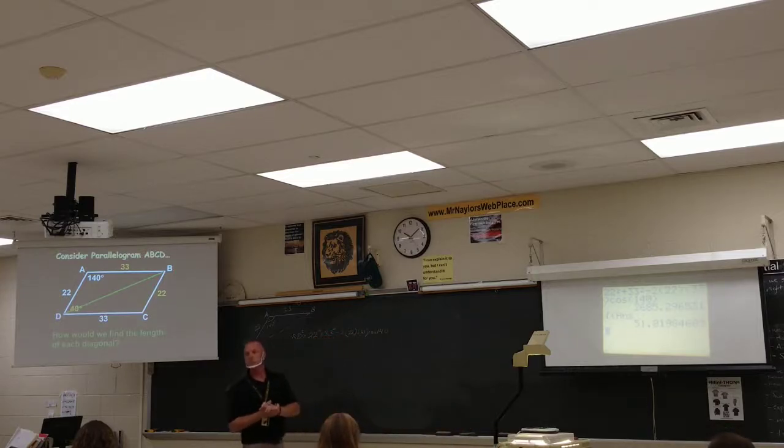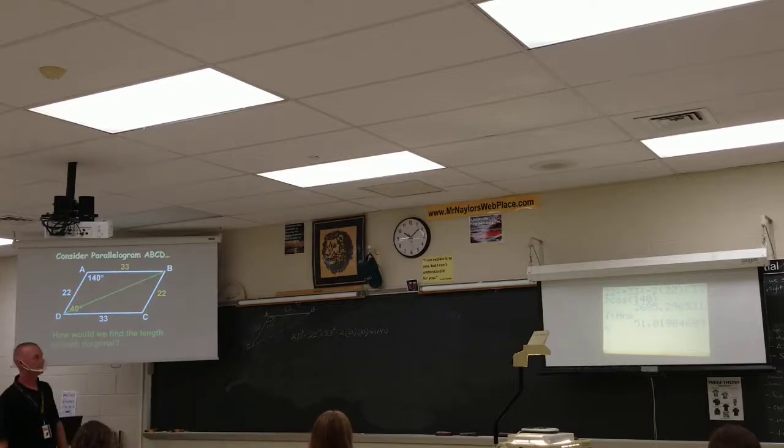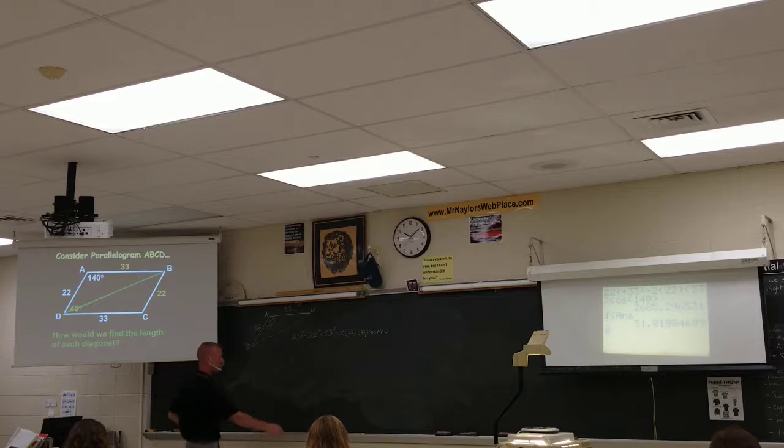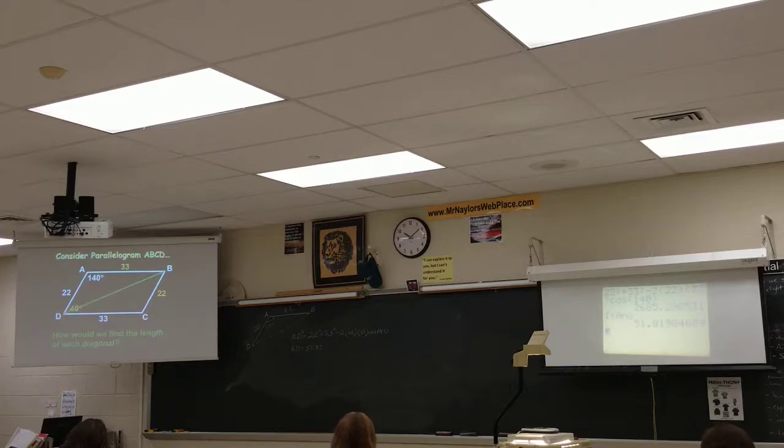Anything that's bugging you here? Looks like we get 51 for diagonal BD. Okay, please don't hesitate to ask if you need something. I'm also hoping that you'll just take a moment and think about the other diagonal.